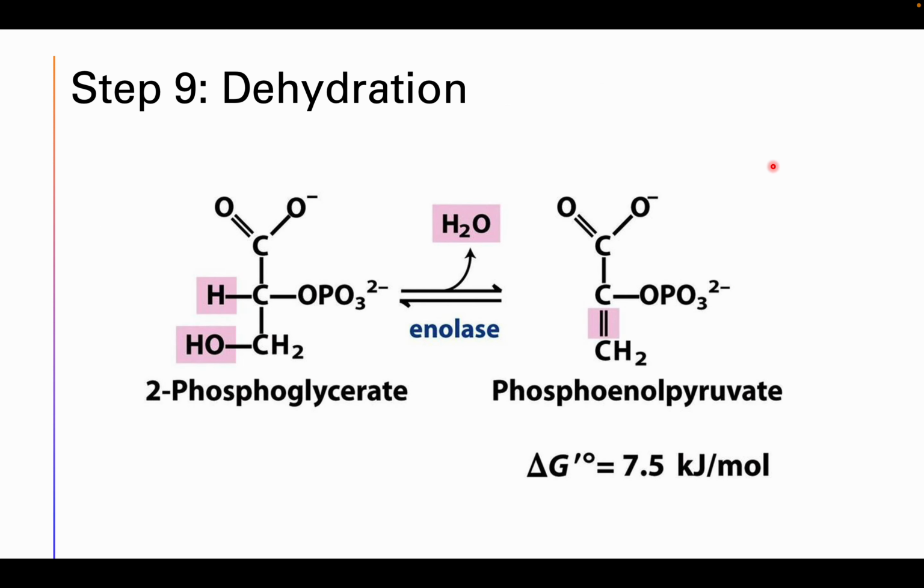So oxaloacetate forms phosphoenolpyruvate to enter back into this pathway to form glucose. So this phosphoenolpyruvate is very important.